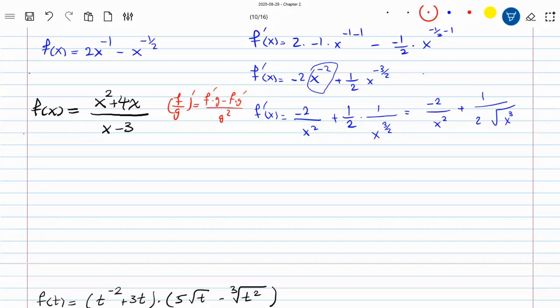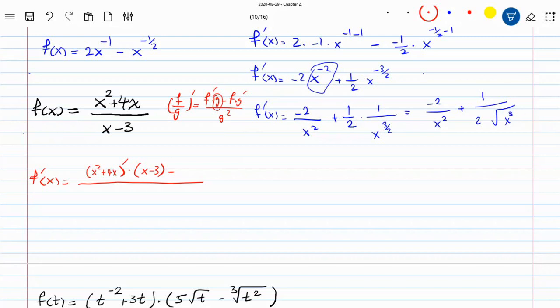So the derivative of the numerator times the denominator, minus the numerator times the derivative of the denominator, divided by the denominator squared. This is the quotient rule. So I'm going to write the quotient rule for this function f. What do I get as the derivative? Numerator derivative would be the derivative of x squared plus 4x times the denominator x minus 3, minus, again notice that the denominator in the formula does not have any derivative.